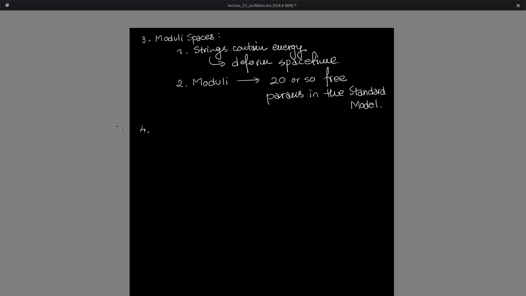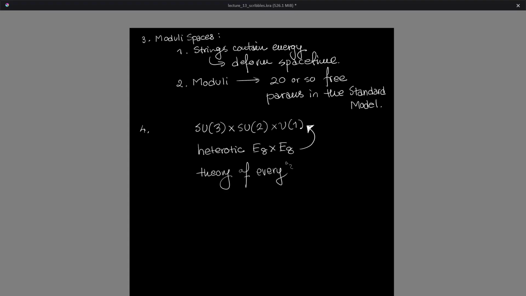Particle physics also has an internal symmetry group that looks like SU(3) cross SU(2) cross U(1), and in certain theories like heterotic E8 cross E8, under certain strict conditions, some version of this has been produced, which is a promising lead that string theory might be a theory of everything, which is what we wanted to do: explain all known particles. These are also called TOEs. And it only did this while working on a Calabi-Yau, which is the important part to us.